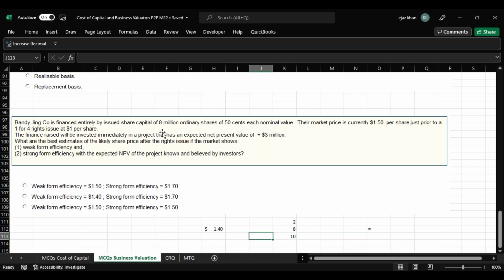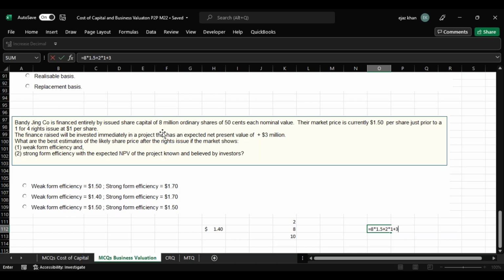So the total value of the company will now be the existing value, which is 8 million shares into 1.5, plus the new shares into $1, because new shares have been issued at $1, plus the net present value, which is 3 million.